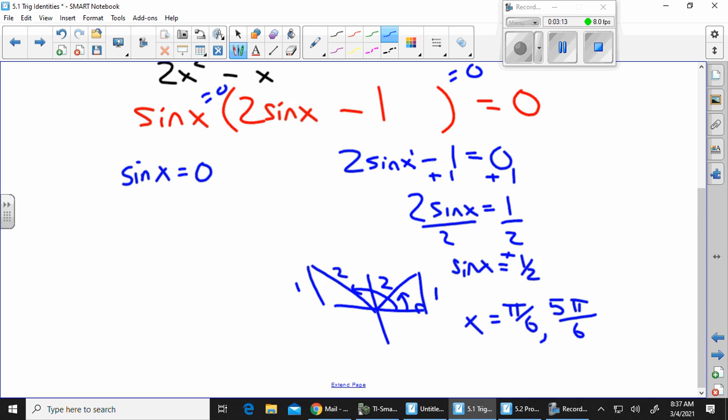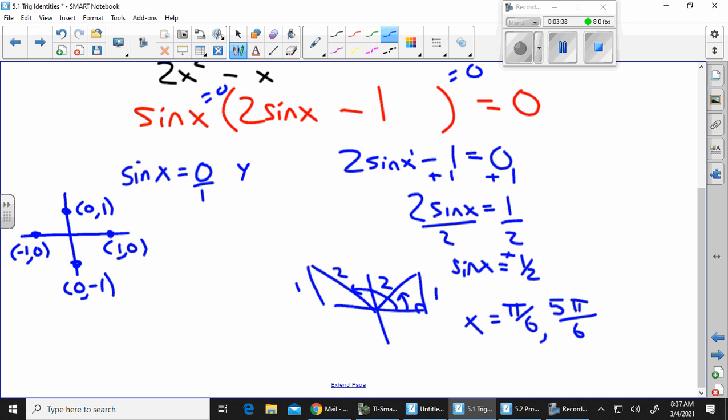Now, where does sine equal 0? Some people will look at the picture. Most people, I want you to just think of these points. Here's our unit circle. Okay, 1, 0, 0, 1, negative 1, 0, 0, negative 1. Remember that sine is y.